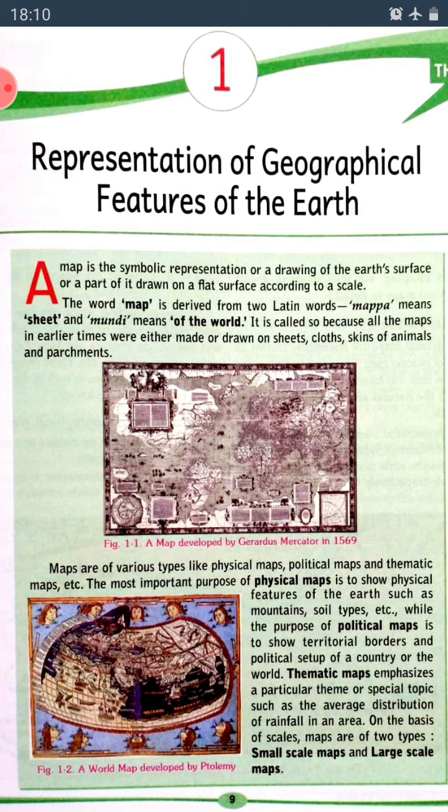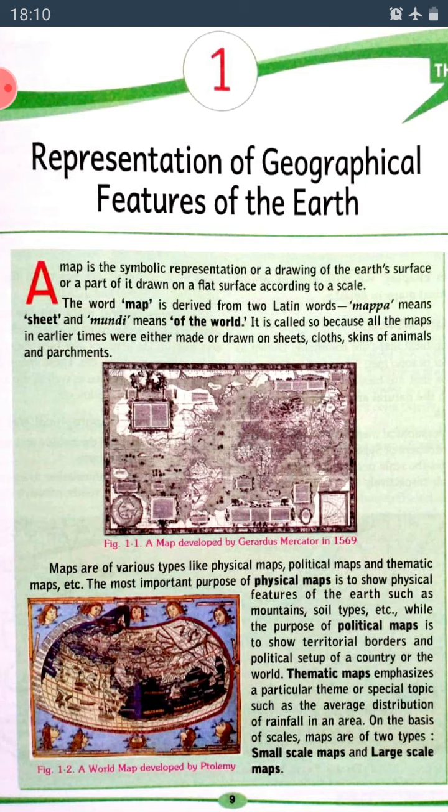It may be shown for a country, it may be shown for the whole world. A physical map shows the mountains, plateaus, plains, deserts, rivers on a map.